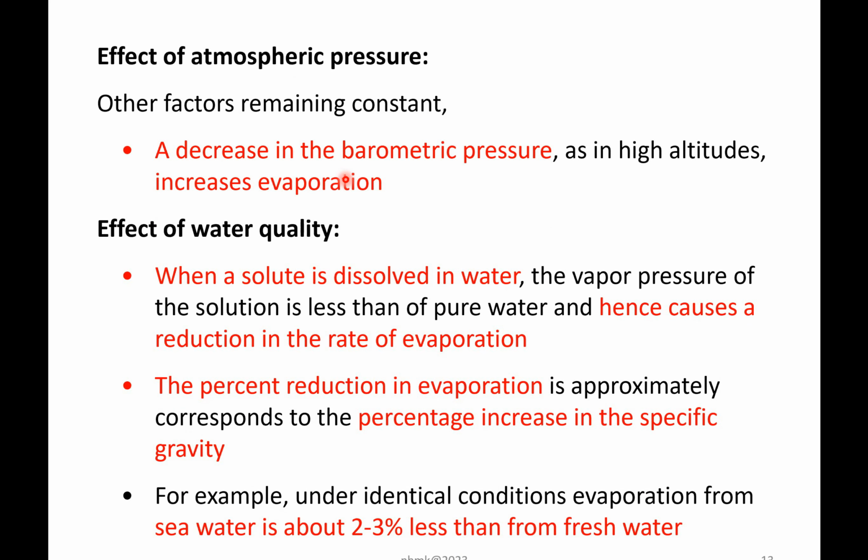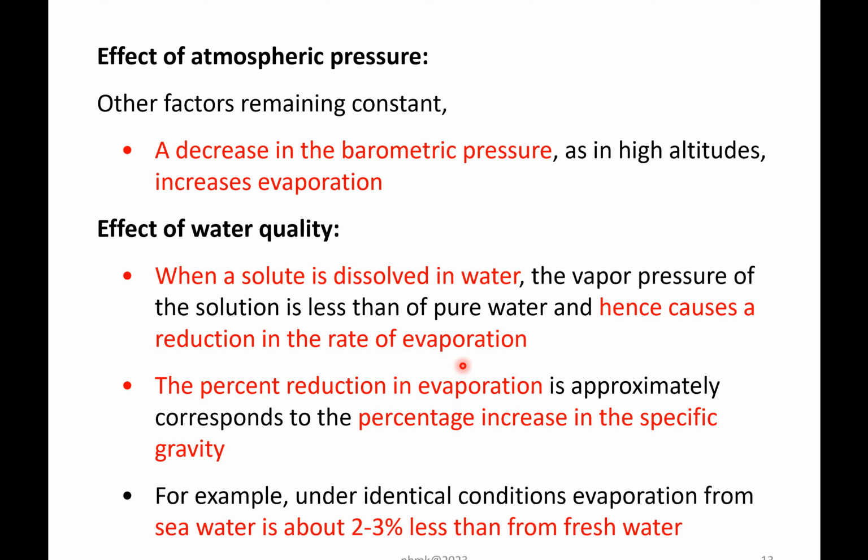And there's also the effect of atmospheric pressure. There is a decrease in barometric pressure when you go higher in altitude, so we are expecting more evaporation to occur. And of course there is also the effect of water quality. The clearer the water, the higher the evaporation rate.